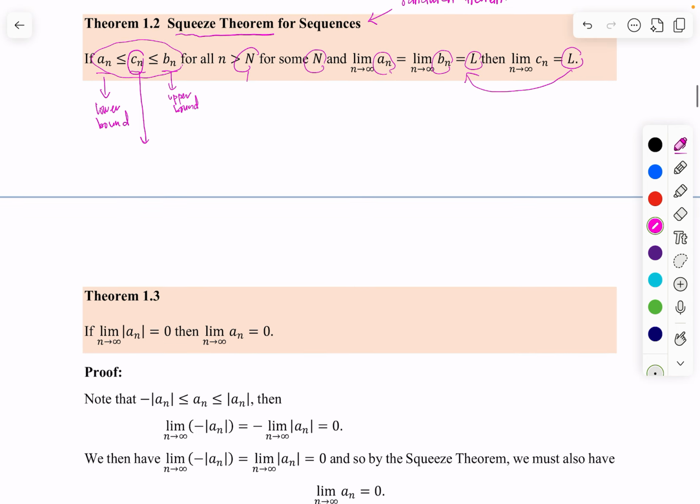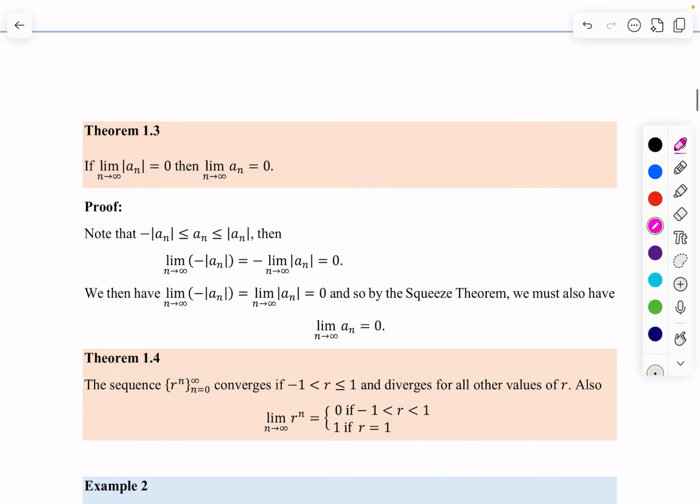Okay, and then the third theorem, theorem 1.3. In this theorem, it says that if the limit of the absolute value of a_n equals 0, then the limit of just a_n is also equal to 0. So in this theorem, we can actually apply the previous squeeze theorem.